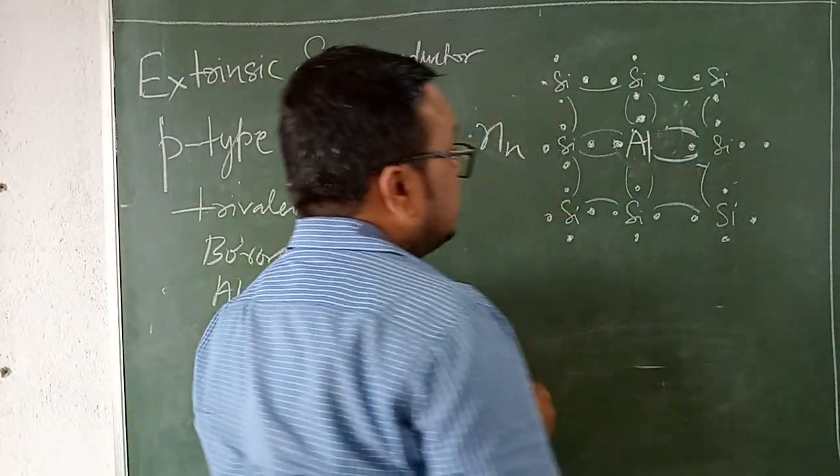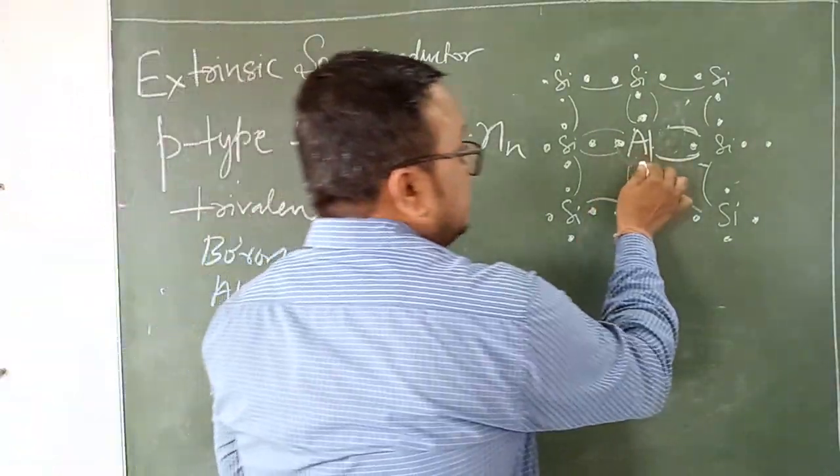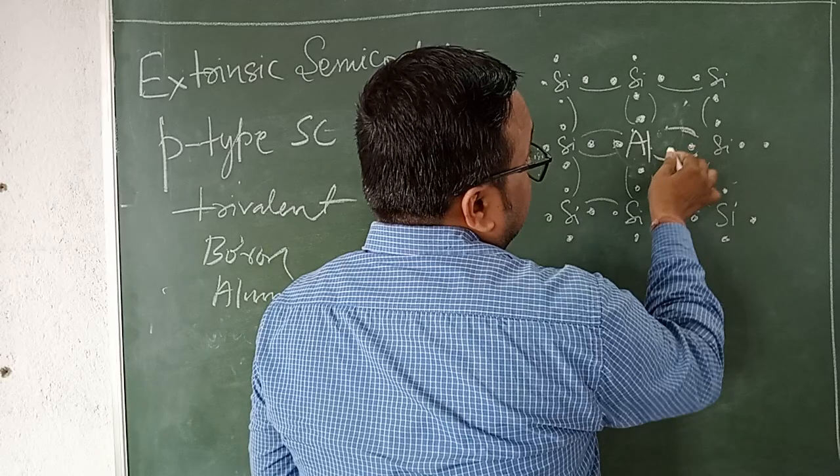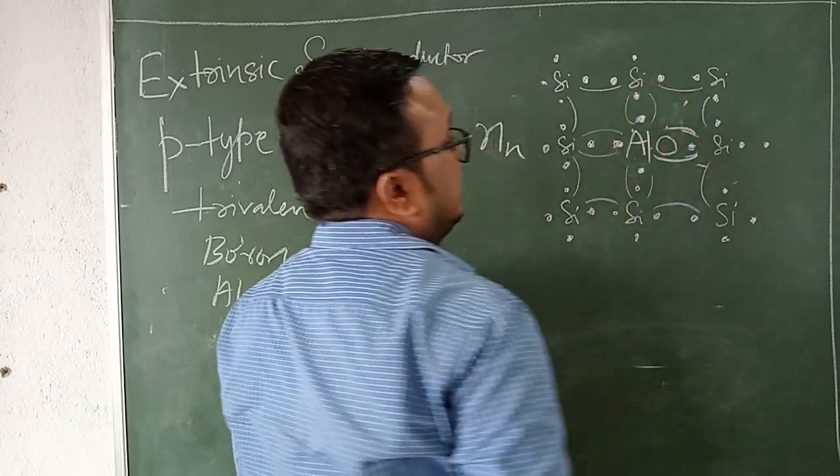If we dope with aluminum, that aluminum has 3 electrons in its outermost orbit. Then only 3 electrons make bonds, but there is also a 4th place which is left behind.